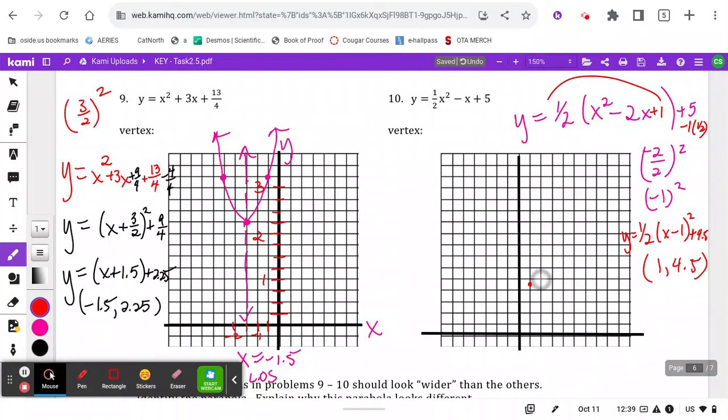So out 1, up a half on either side. Out 2 would normally be up 1, 2, 3, 4, but we're going to go half of 4, or only up 2. You're going to get a nice wider shaped graph based on the stretch of a half. Line of symmetry is through x equals 1.